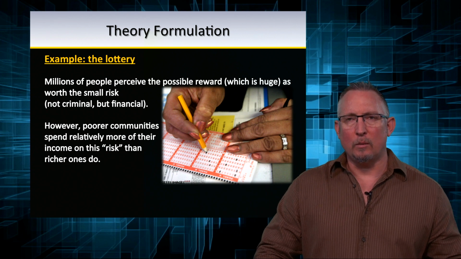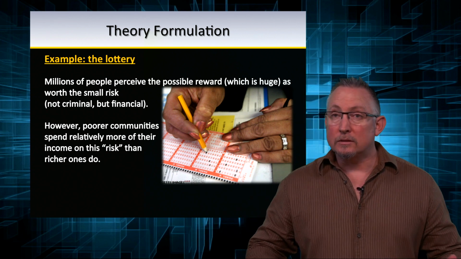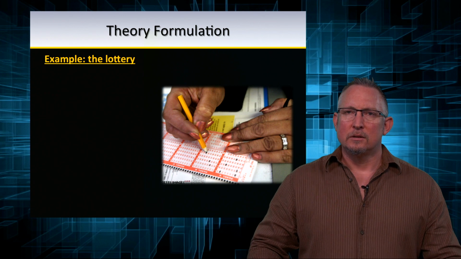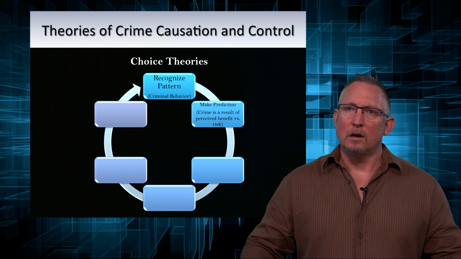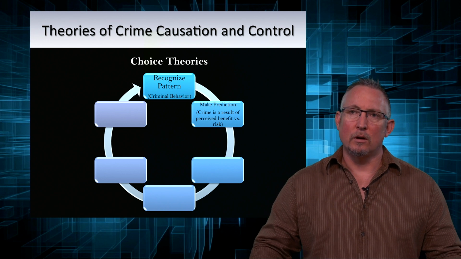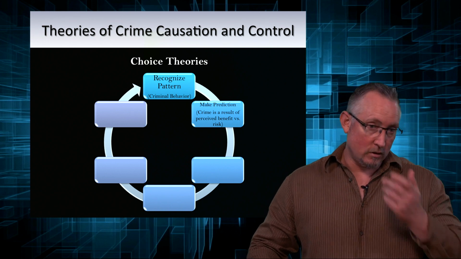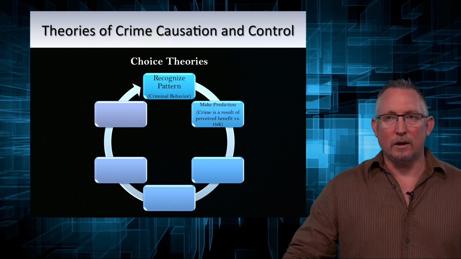And if we want to go back and ask why this is, if we were to begin from a choice theory perspective, we would assume that most people playing the lottery are adults by definition, buying lottery tickets.